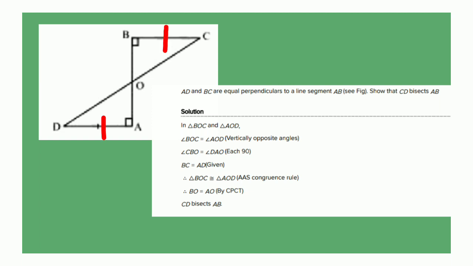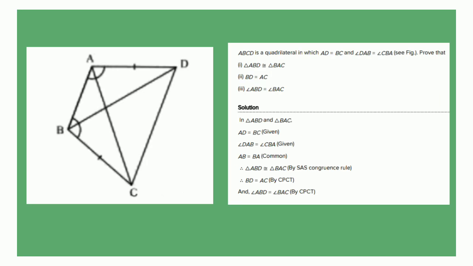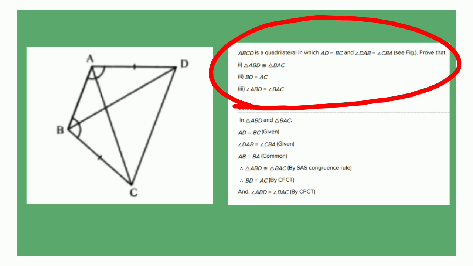Then BC equal to AD, that is also given. So we can say by AAS congruence rule, triangle BOC congruent to triangle AOD. Then we can say BO and AO are equal by corresponding parts of congruent triangles, by CPCT. Therefore, CD bisects AB.